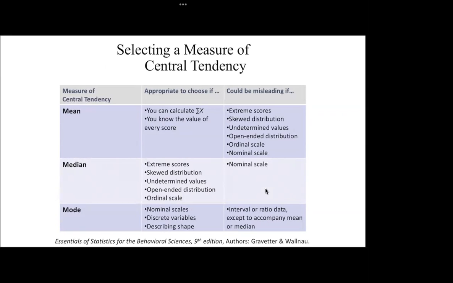Or on the other hand, when you're a consumer of the information, you want to use this knowledge to ask critical questions. If somebody tells you the average XYZ, you want to say, okay, do I just trust them that they considered extreme scores? Do I just trust them that they considered all these things?